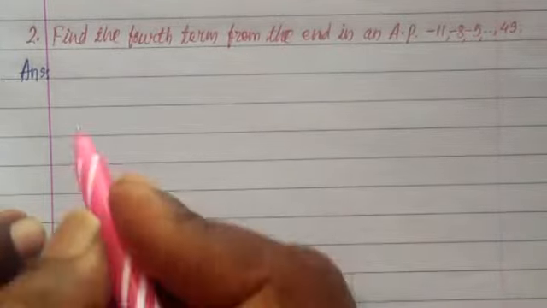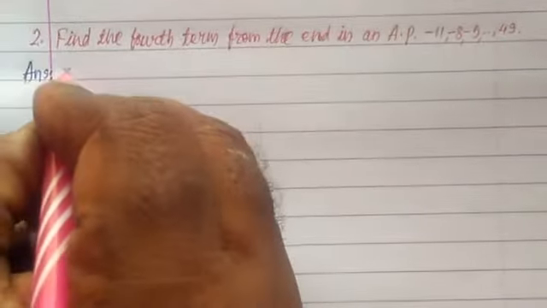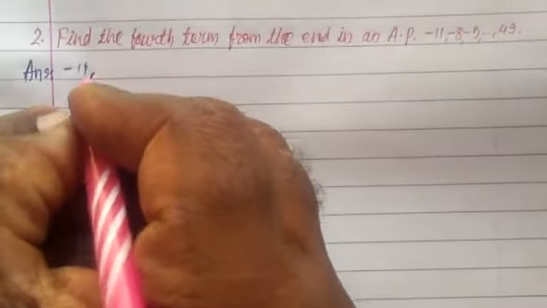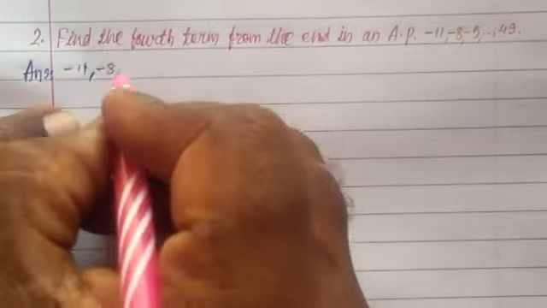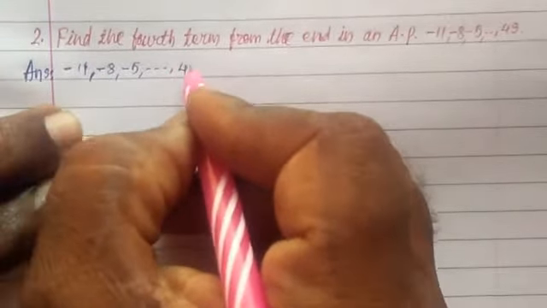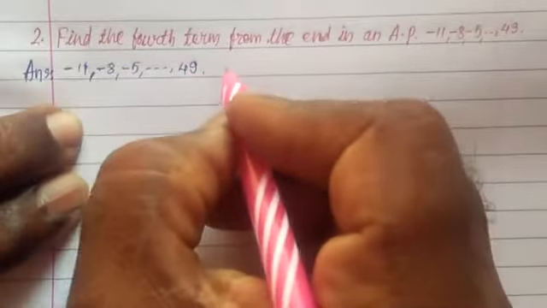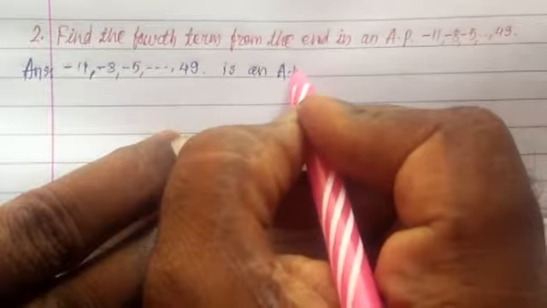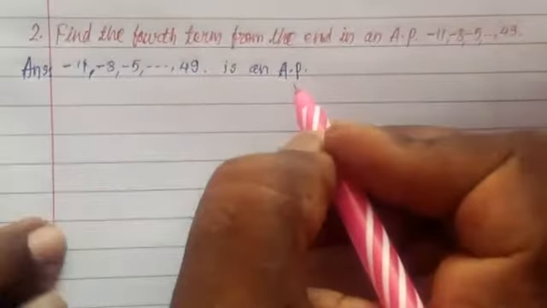Now answer. Now here -11, -8, -5, dash, 49 is an arithmetic progression, means AP.